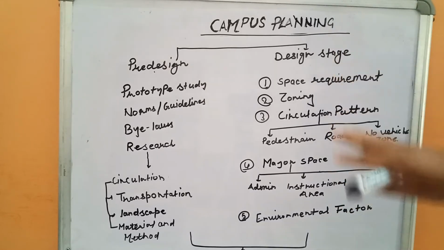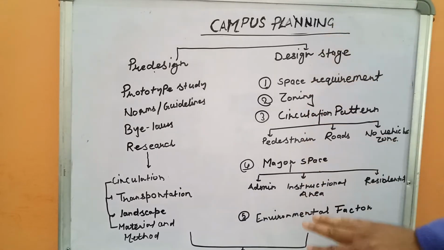So after doing these parameters, we take a step ahead for our concept design. How we can develop an efficient design which is ideal in all aspects, all the parameters, for students, for faculty, for the socio-economic culture of that particular region, which should reflect in our campus.